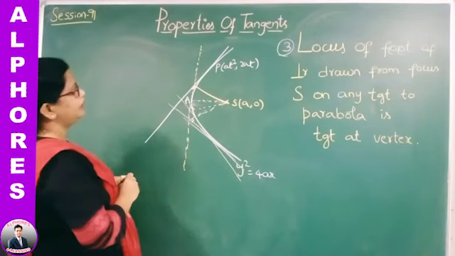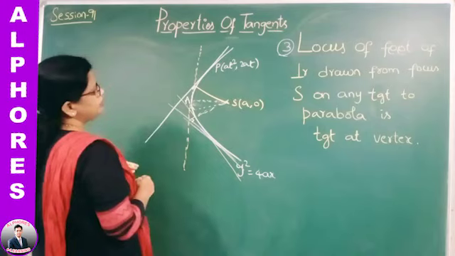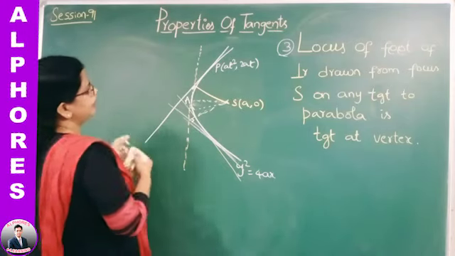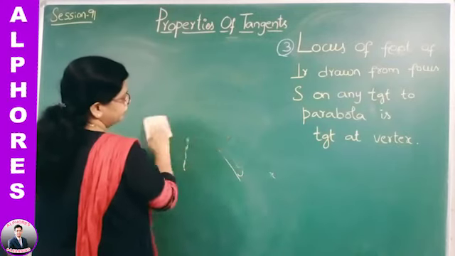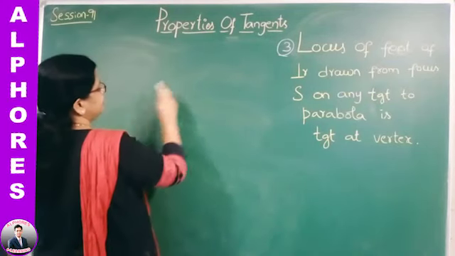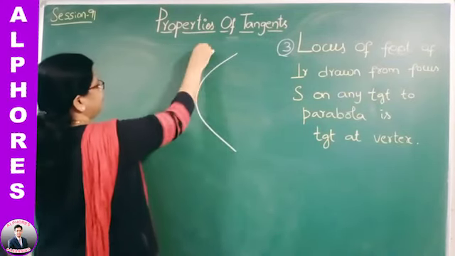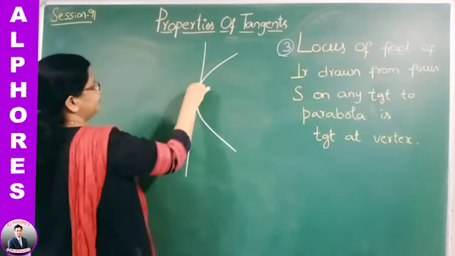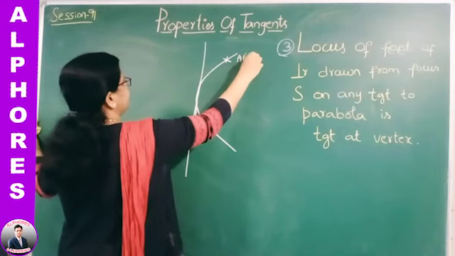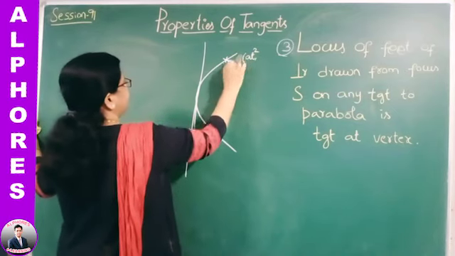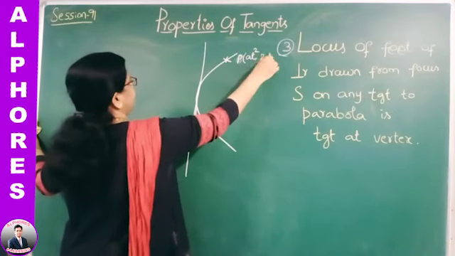Very simple. What is the equation of the tangent drawn at t? So that value we can consider here. So if this is the parabola, this is our tangent at vertex, and suppose this is the point P, let us take 'at square comma 2at', okay.